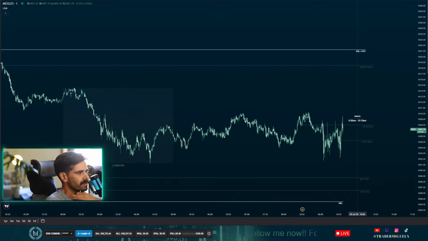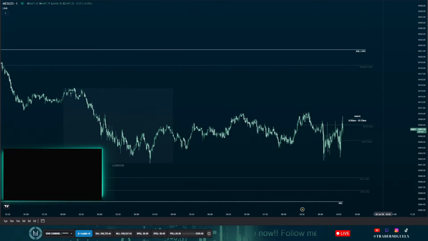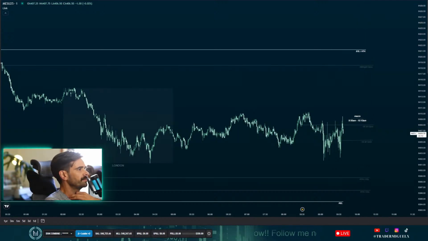NQ and ES not in sync right now. NQ is weaker.